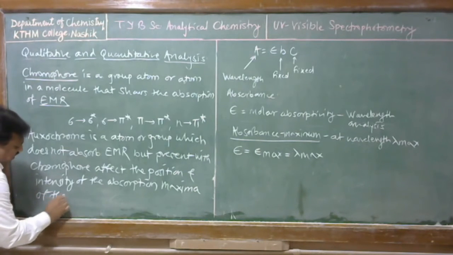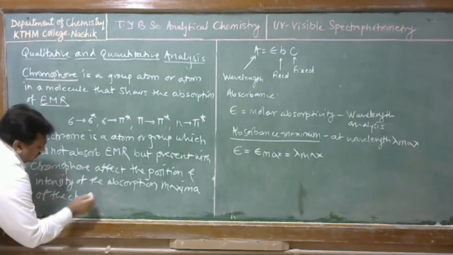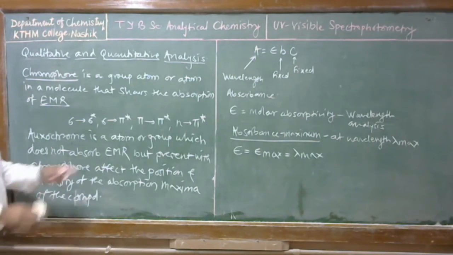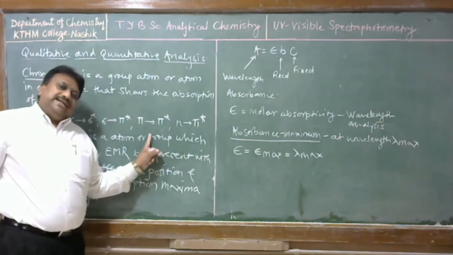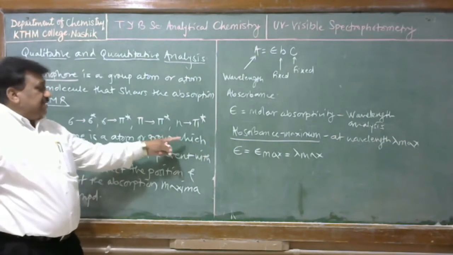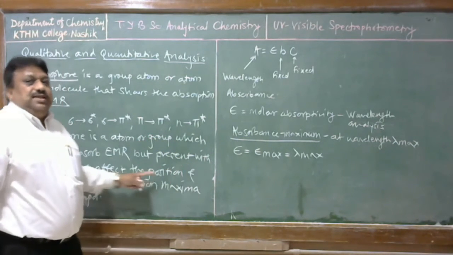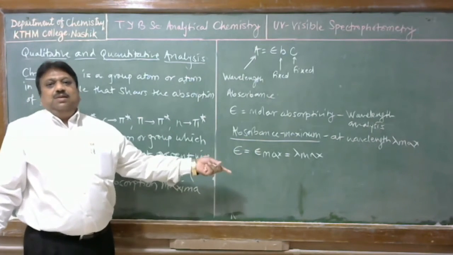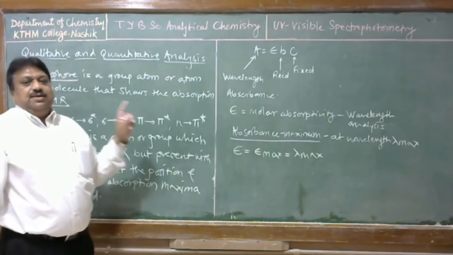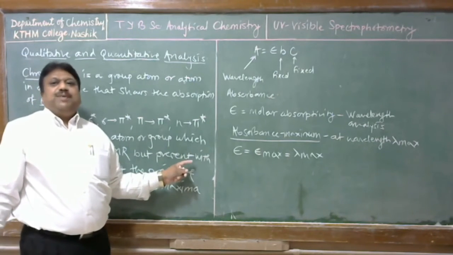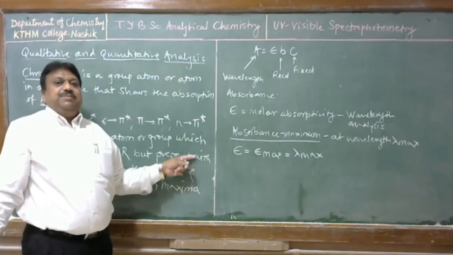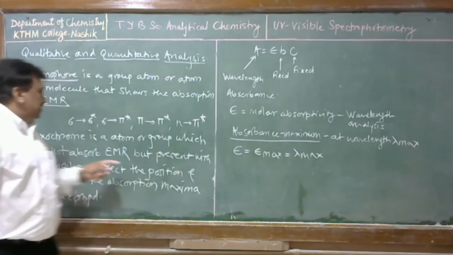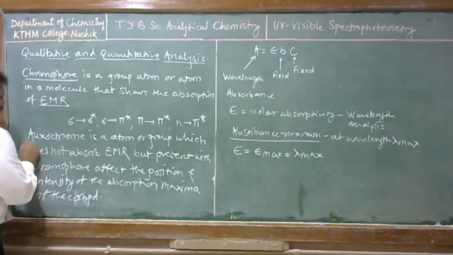The absorption maximum of the chromophore may be shifted to a longer wavelength, or may be shifted to a shorter wavelength. Sometimes the intensity of absorption is increased, sometimes it is decreased, and this type of effect is observed because of the oxochrome.